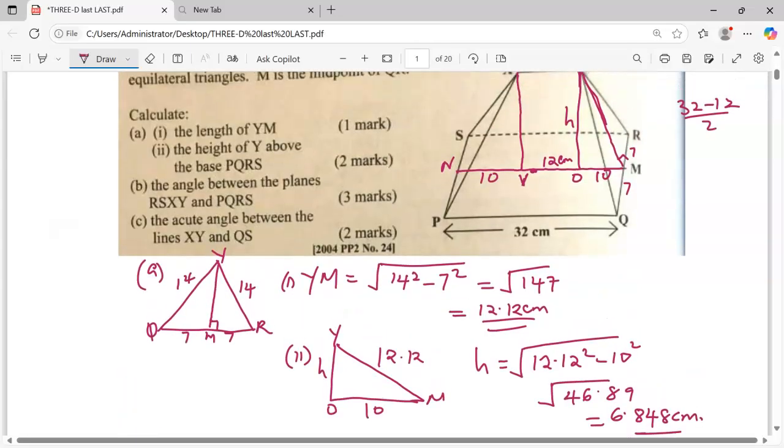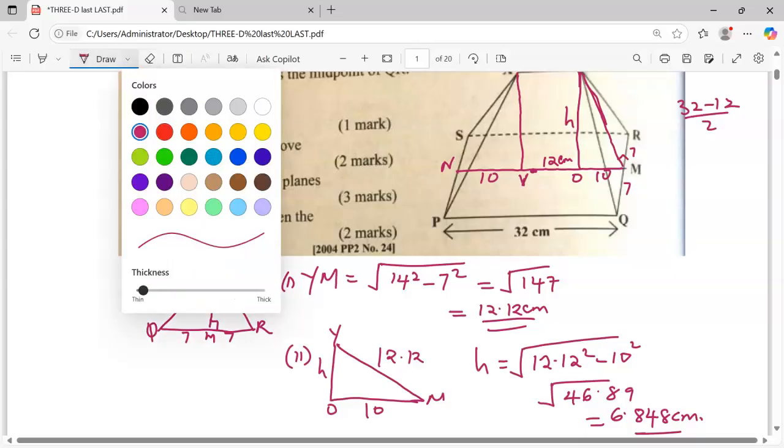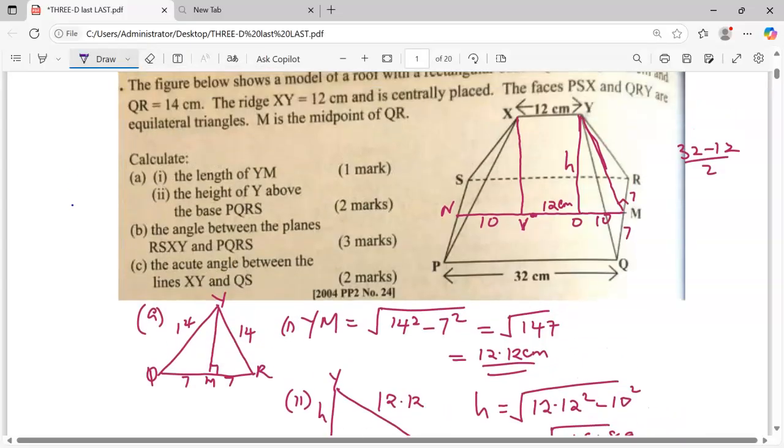And in part B, we are supposed to calculate the angle between the planes RSXY and PQRS. In this case, we are going to look at the line of intersection of the two planes. We need to calculate the angle between PQRS, which is our base, and also we have RSXY.